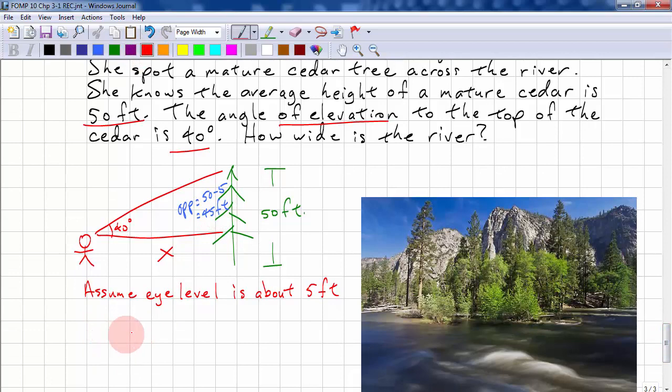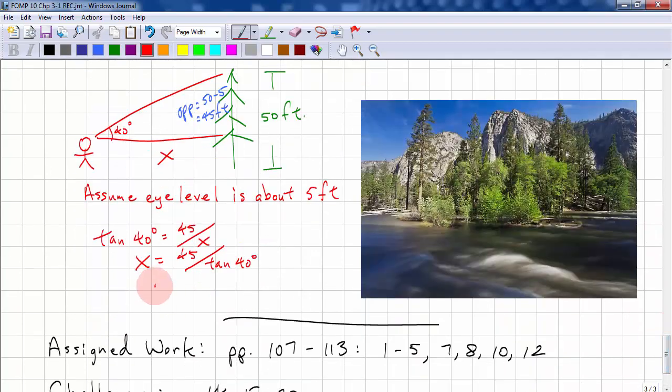So tangent 40 degrees equals opposite, that's 45, over our adjacent, which is x. So x equals 45 divided by tan 40 degrees, and that's approximately 53.6, but we should round off to 54.